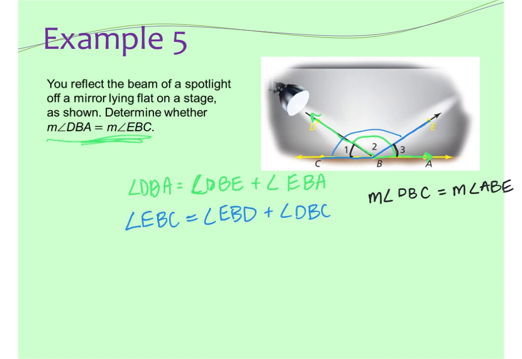So what we're going to do is take what we found for them and set them equal to each other. So in this case, it's going to be the measure of angle DBE plus the measure of angle EBA is equal to the measure of angle EBD plus the measure of angle DBC.